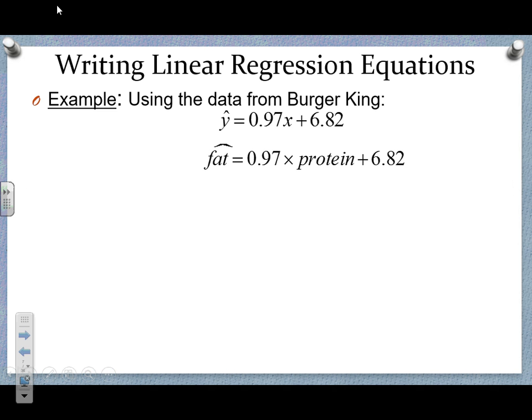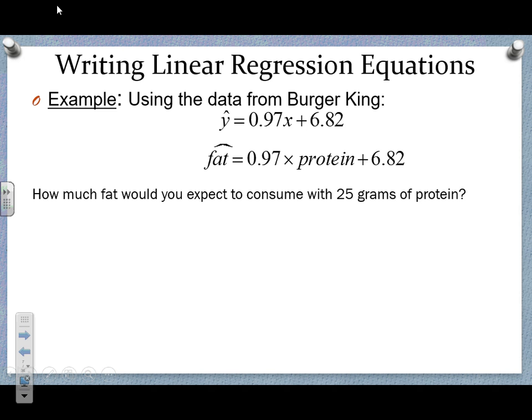So, when we use our data here, so now that we have our actual regression line, we go back to that original question that we wanted to answer. Without the regression line, it's an impossible question to answer. Now we have a way to predict how much fat would be in an object given a certain amount of protein.